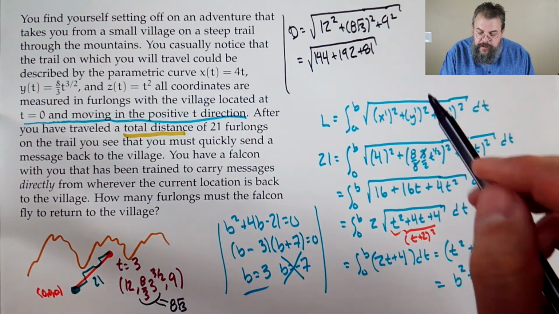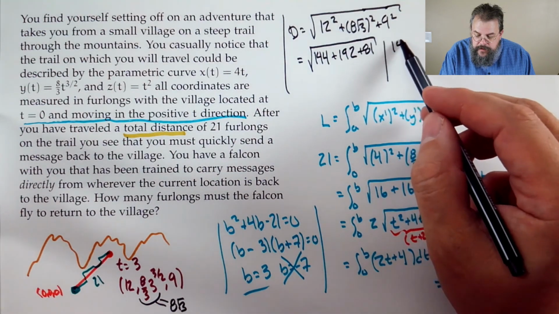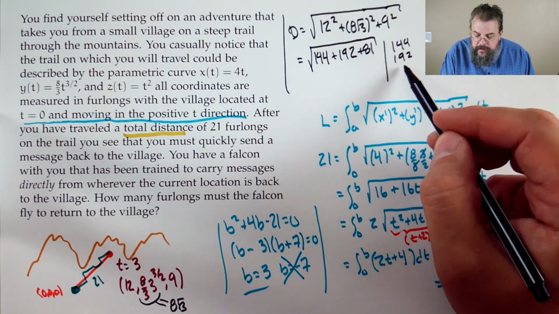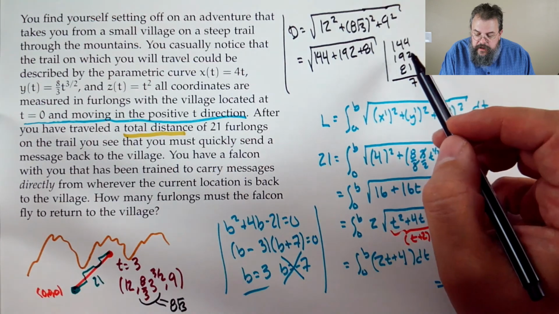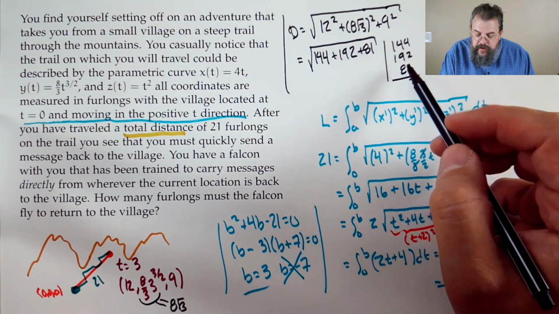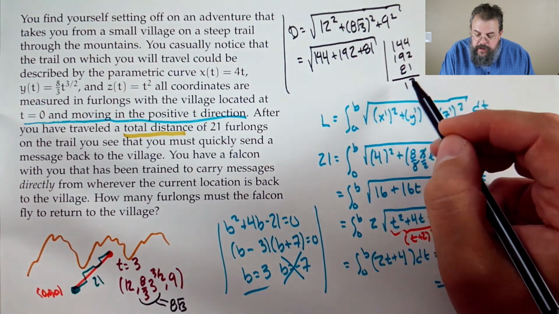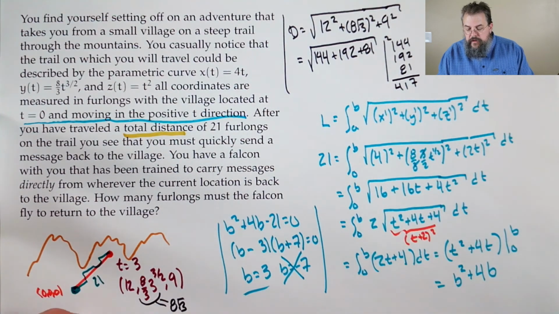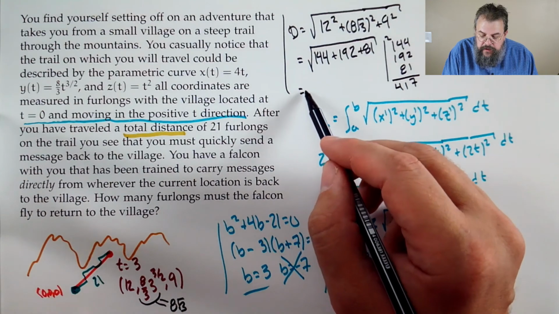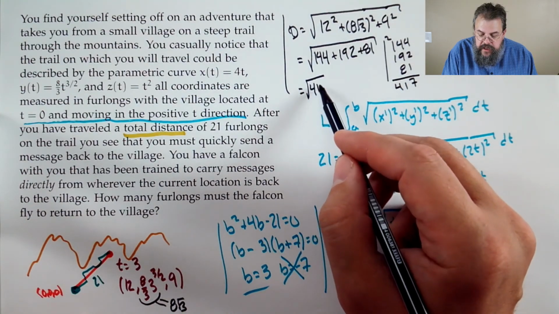Okay, all right, I'm going to do some little adding here. 4 plus 2 plus 1, that's a 7. 4 plus 9 plus 8, that's a 1, carry a 2, and that would be a 4. Okay, so it looks to be the square root of 417.